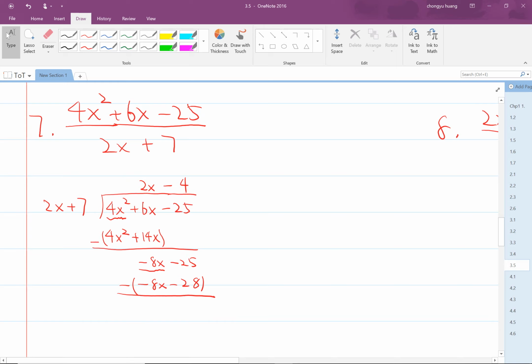And then we have negative 25 plus 28, so it's going to be positive 3, right? So now we actually got a remainder. So this is called a remainder.